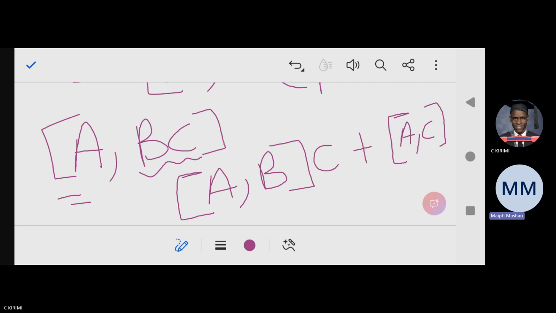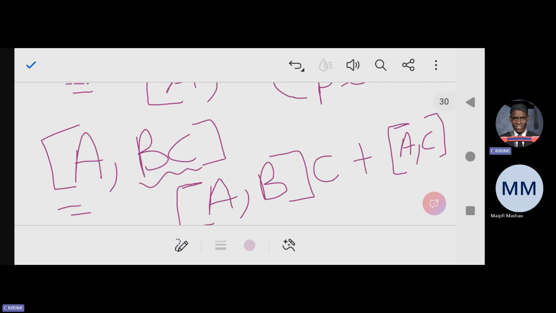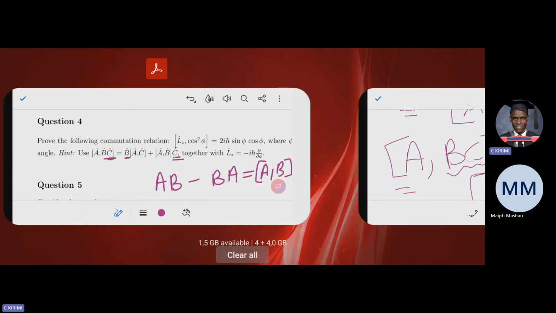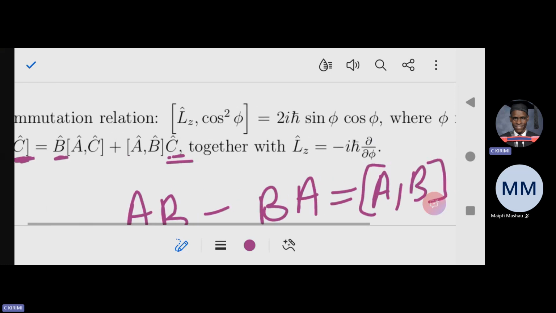It's on the left of C. That's why we are writing B in front here. That is the commutation relation. So the order, just setting up that equation of the order of the commutation, these are marks. You must know what it means whenever they talk of commutation relation. That is the hint that we're given. So whenever you're doing the commutation relation, you do it like that.